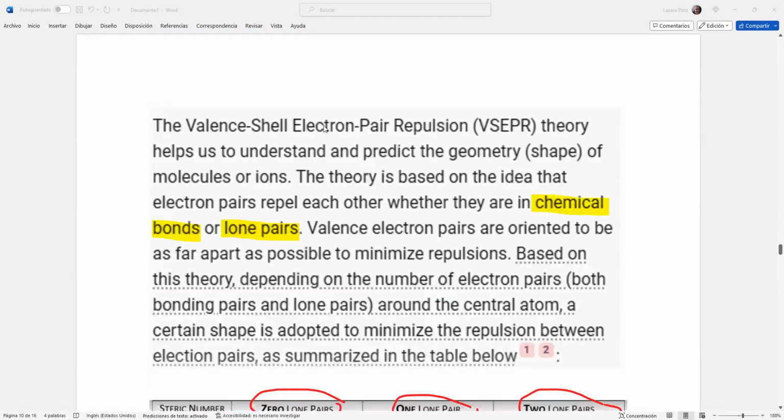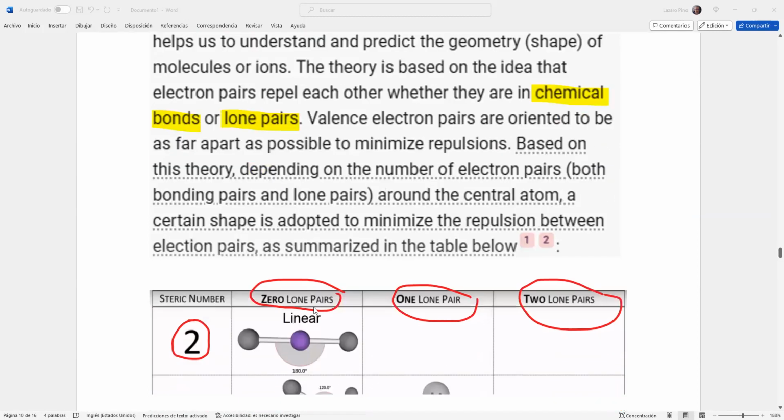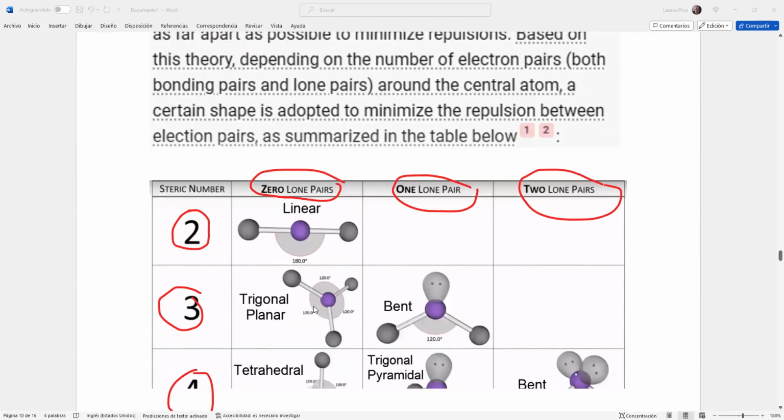Well, the valence shell electron pair repulsion, VSEPR theory, helps us to understand and predict the geometry or the shape of the molecules or the ions. This theory is based on the idea that the electron pairs repel each other, whether they are in chemical bonds or lone pairs. So, let's see what we have to do.